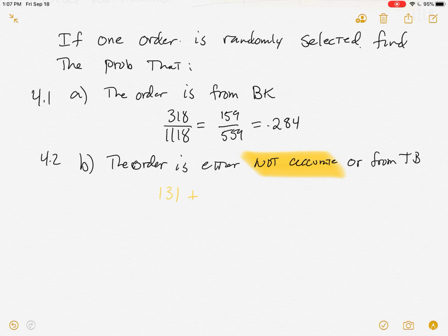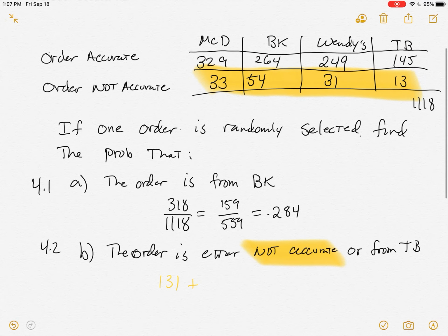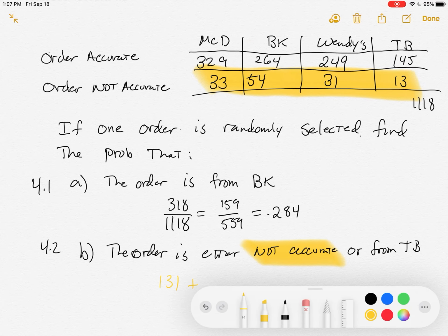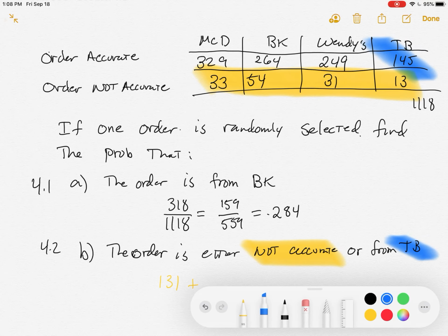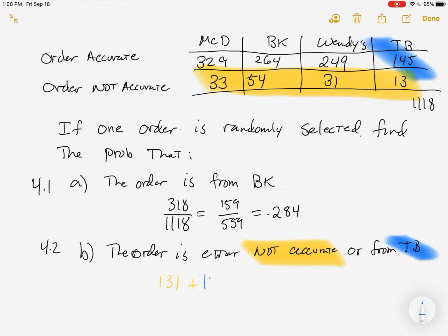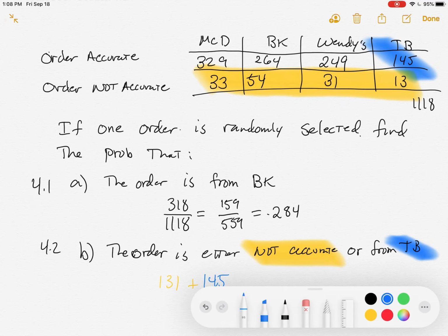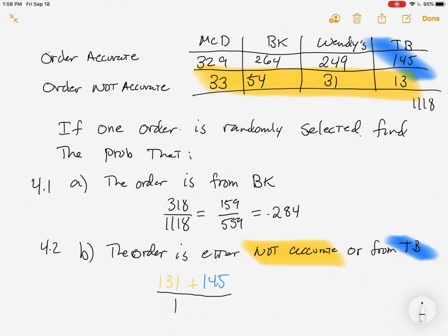I'm putting that in yellow since I highlighted it in yellow. Now the question is, and I'll come back in here and highlight in a different color, are there any that are from Taco Bell that we haven't already counted? These 145 are from Taco Bell and that we haven't counted. So I have to add in 145 more orders, and that's still all out of 1,118 orders.